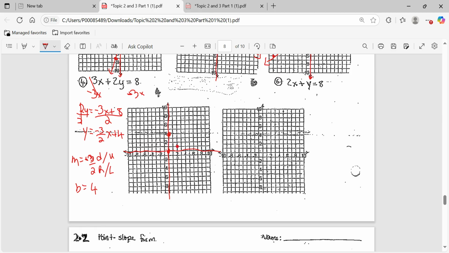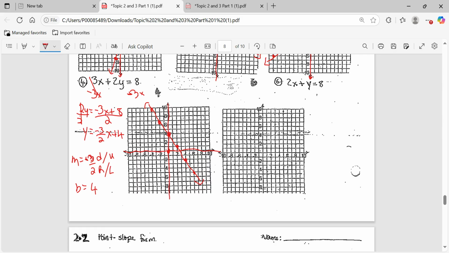Down 3, right 2. I could also go up 3 and left 2. And there you have it. I have a nice pretty line. Last one, number 6, pause and try.